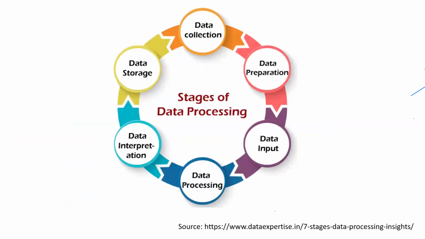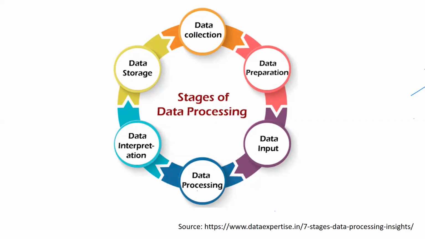And now these are the stages of data processing. First, we have to collect data from the assessment sheet, observation chart, nursing notes or doctor notes. Then we have to prepare the data accordingly. For example, we have to check the units of the data, and if there is any missing data, we have to handle that too.